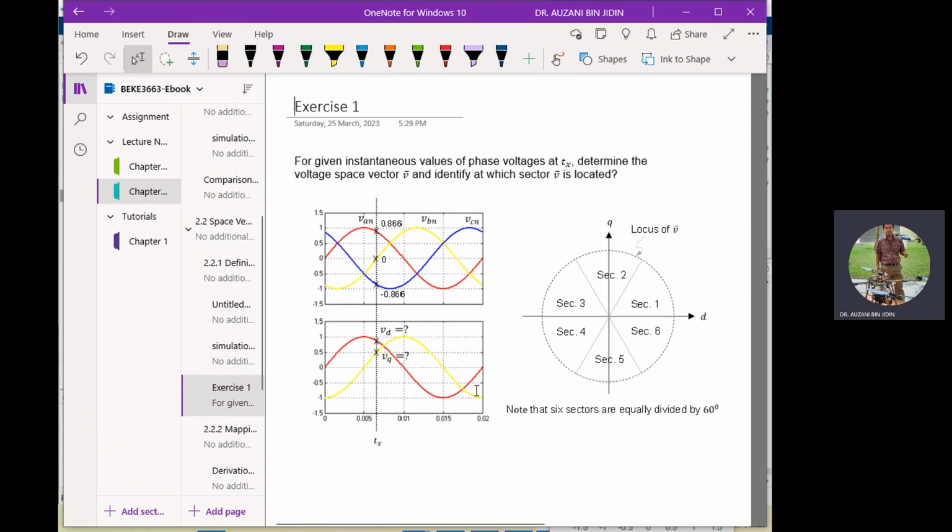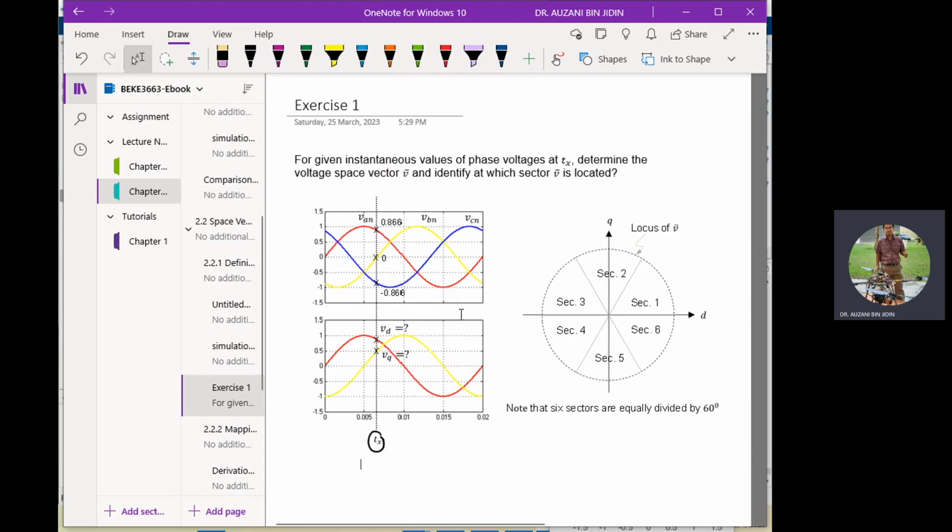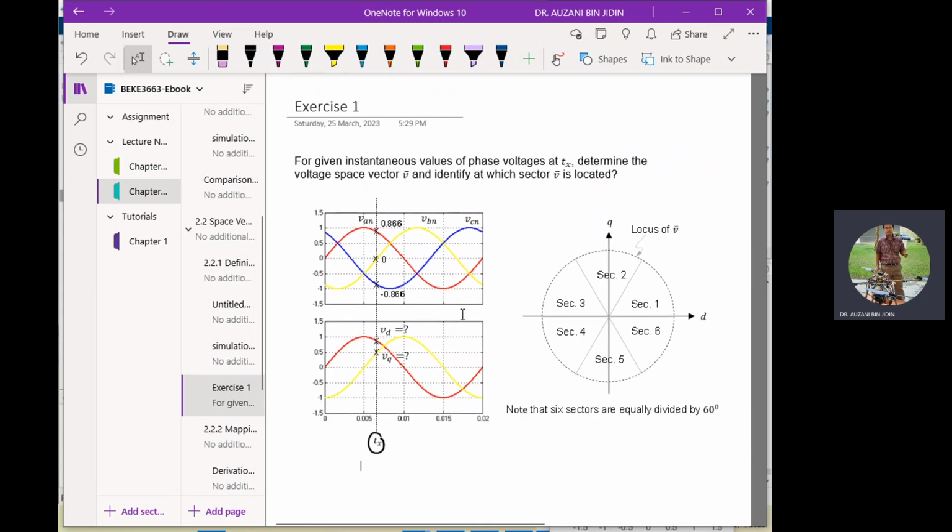Okay, so for a given instantaneous value of phase voltage at time Tx, you can get the instantaneous value. Determine the voltage space vector and identify at which sector V is located. This is just for exercise. You need to identify at which sector the V is located.